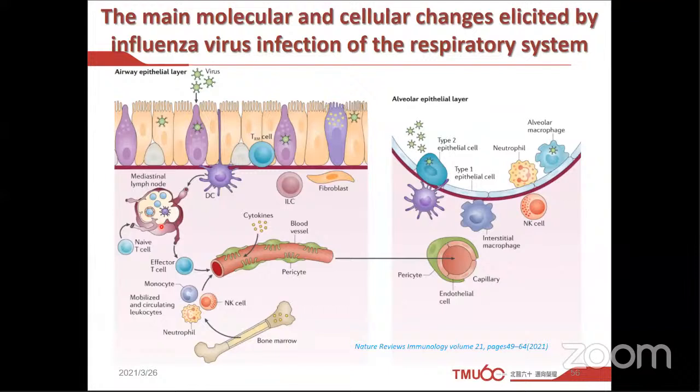And also can activate B cells into plasma cells, shedding a lot of immunoglobulin, IgG antibodies. Okay, then we'll go back here to fight the virus or infected cells in the lung tissue.